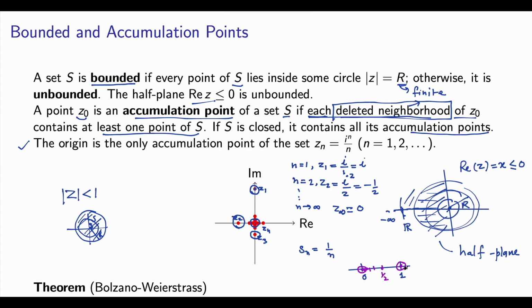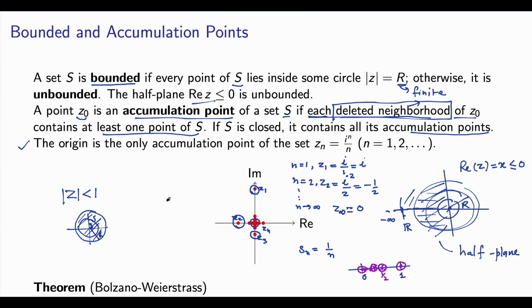I take a smaller radius so that no point of S comes in the deleted neighborhood, and similarly a smaller radius here, and so on. But this is not possible at 0: I cannot construct any tiny neighborhood with a small radius that avoids S. It definitely encloses a point of S. So in the deleted neighborhood, at least one point of S must appear, and that is going to be the limit point.